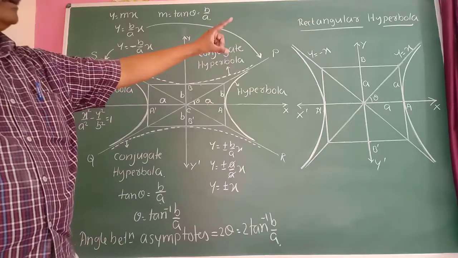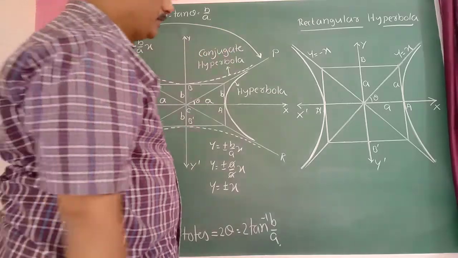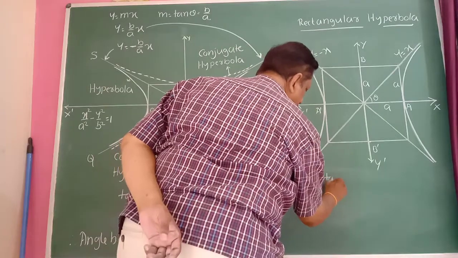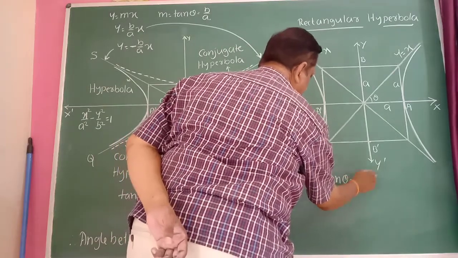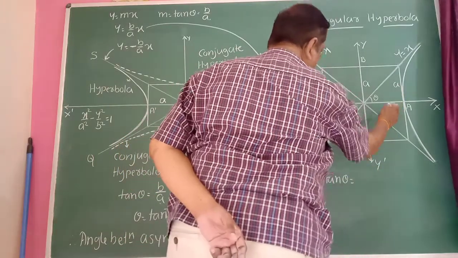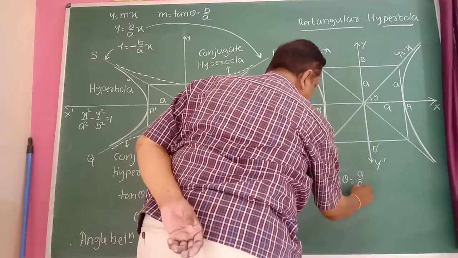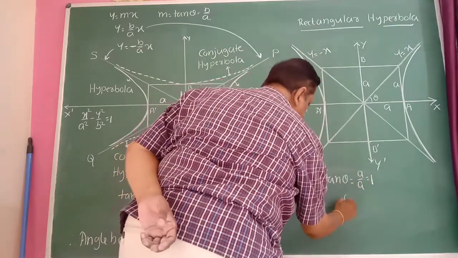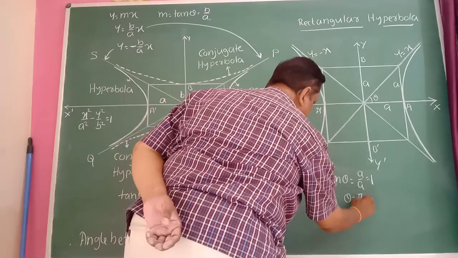Now for the rectangular hyperbola, here also tan theta is a divided by a, opposite divided by adjacent side, which gives 1. Then tan theta is equal to 1, so theta must be pi by 4.